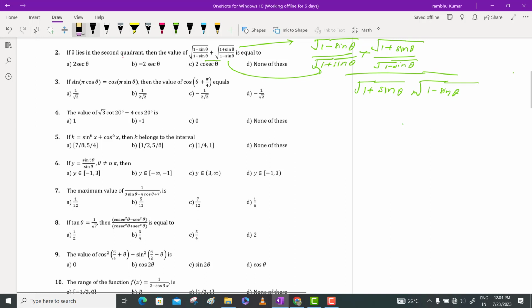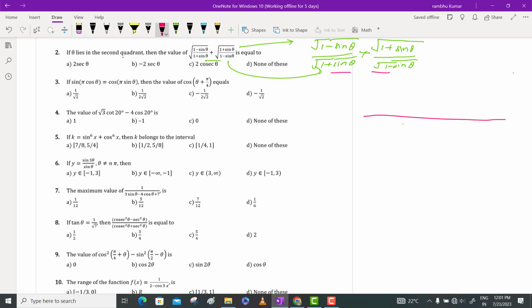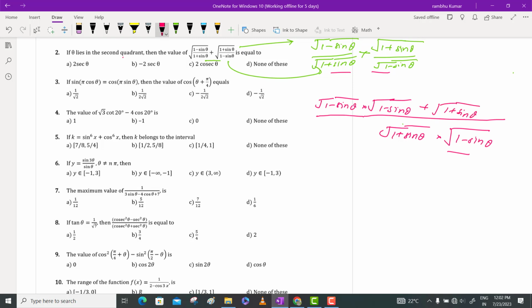So if this is the case, then by taking the LCM of these two, we have root under 1 plus sin theta, then into 1 minus sin theta, and numerator will become 1 minus sin theta into 1 minus sin theta from here, and then plus 1 plus sin theta into 1 plus sin theta. I hope this is clear.